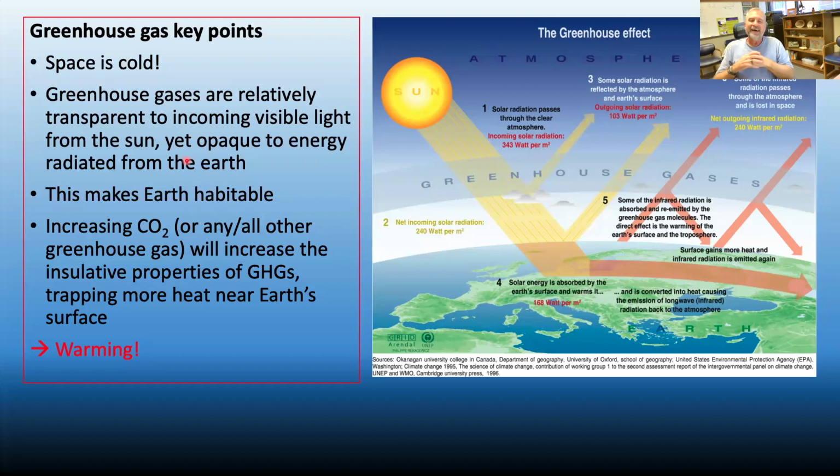All right. So space is cold, and the greenhouse gases help us because they're relatively transparent to incoming visible light, meaning that the wavelengths of energy transmitted from the sun don't interact as greatly with the matter in the atmosphere on their way in as they do when they're radiated back out.